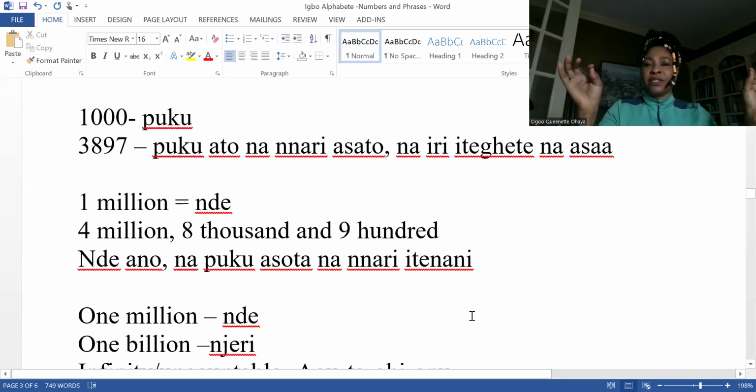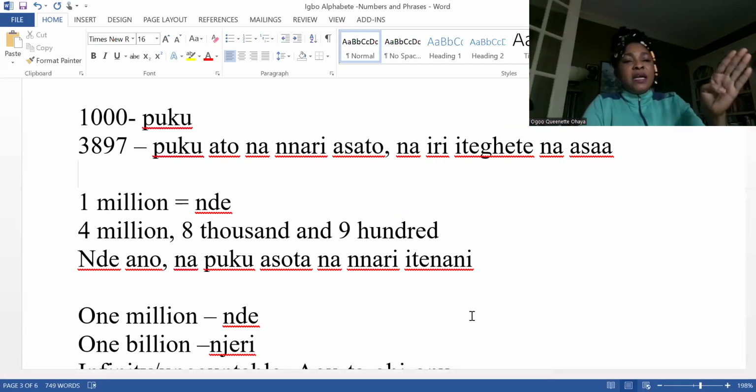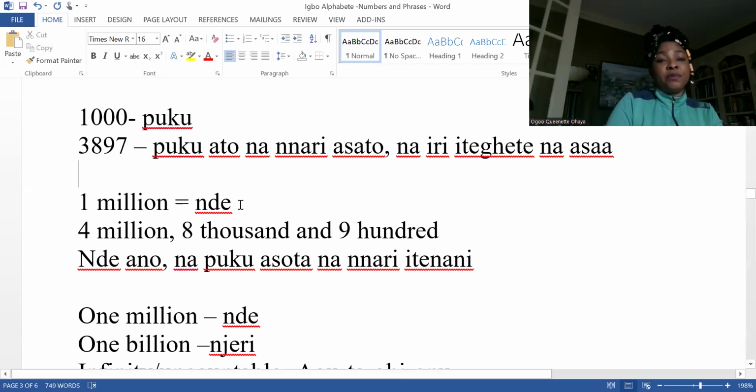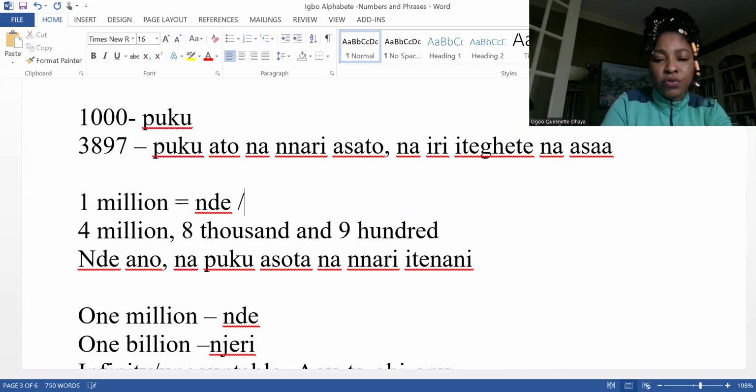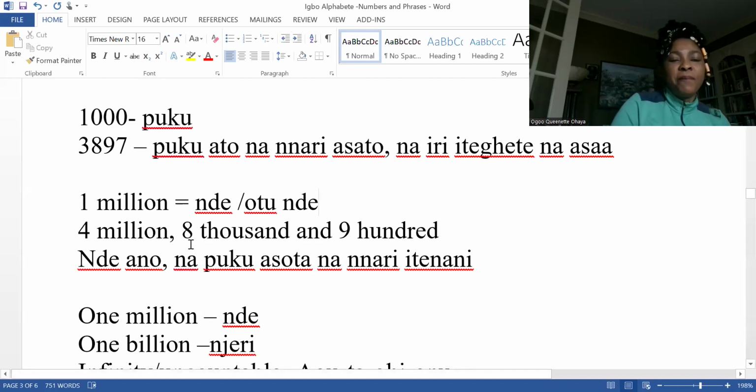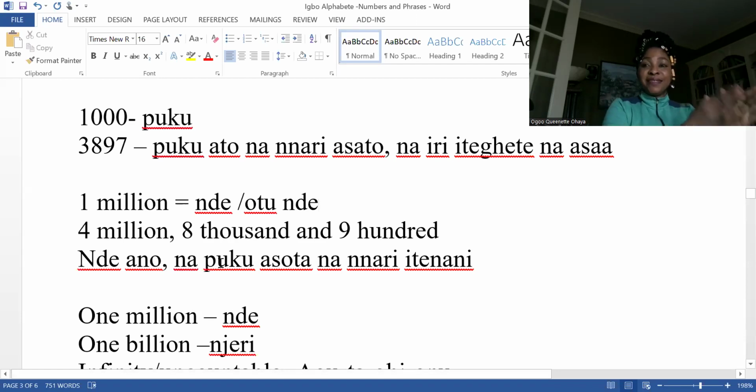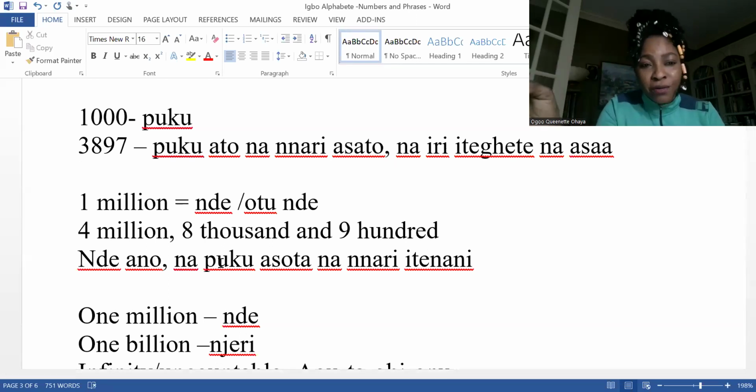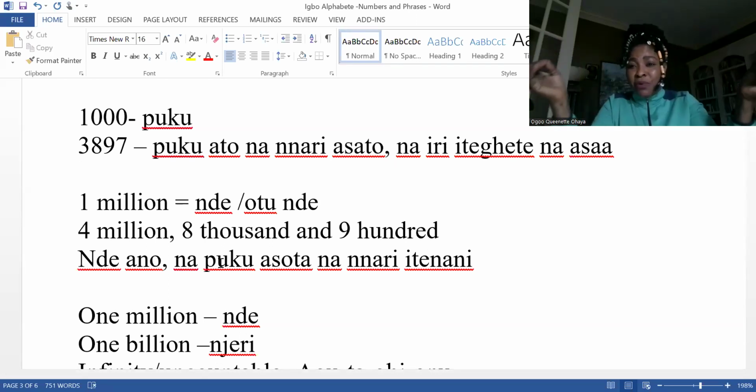So, 1 million is what? Nde. Now, when you say 4 million, remember I say, you can say nde, but you can also say otu nde. It is the same thing. Now, if you have 4 million, then the number will come last. You say nde anọ, right? Break it down, just like you do it in school.